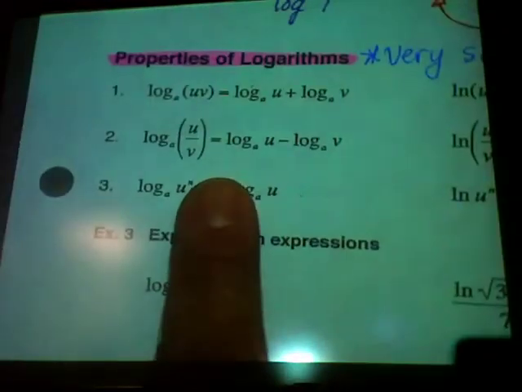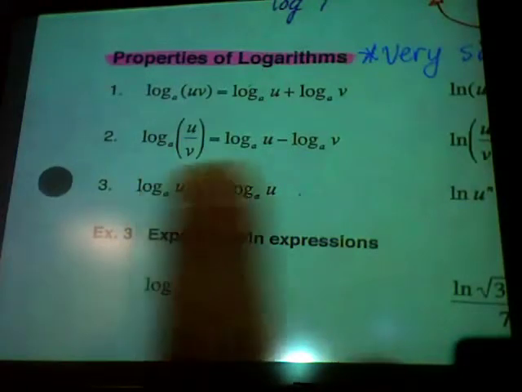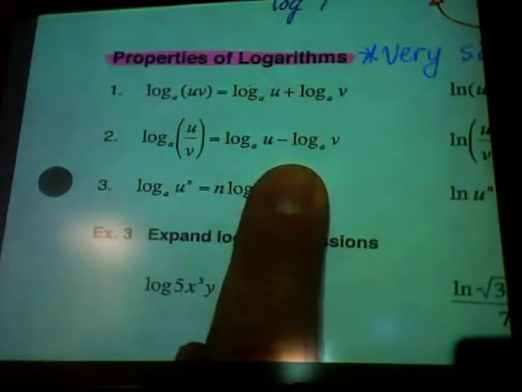Look at division. If you divide like bases, what do we do with the exponents? We subtracted. So you're not learning anything new that you haven't learned before. If you can apply your exponent rules here, they're very similar. Same thing occurs with natural log.